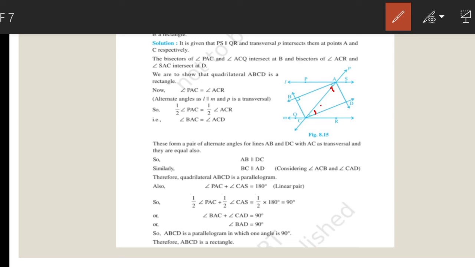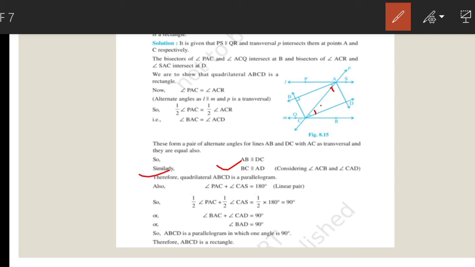Similarly, if we consider angle ACB and angle CAD, we can also say BC is parallel to AD. Therefore, both pairs of opposite sides of the quadrilateral ABCD are parallel to each other. So we can say the quadrilateral is a parallelogram.